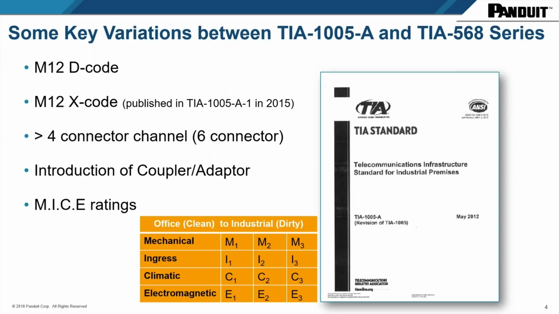There is a major change also we will address today and has to do with something we call MICE. And the MICE rating, and it stands for mechanical, ingress, climatic, and electromagnetic, is our focus today. So we will talk about 1005A MICE specifications and how it applies for some of what we do.